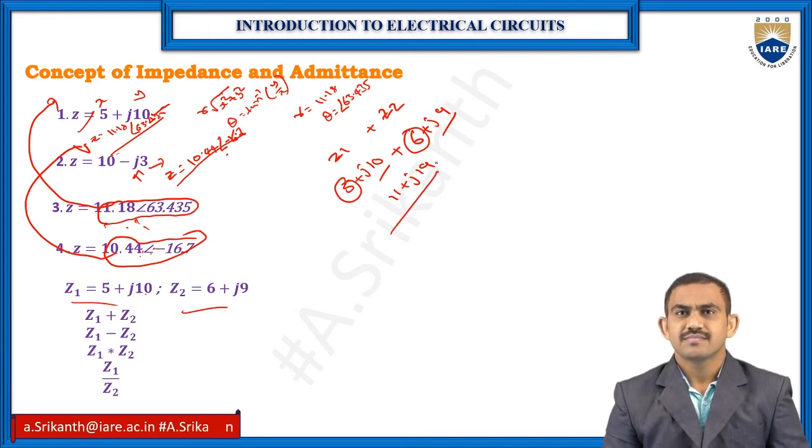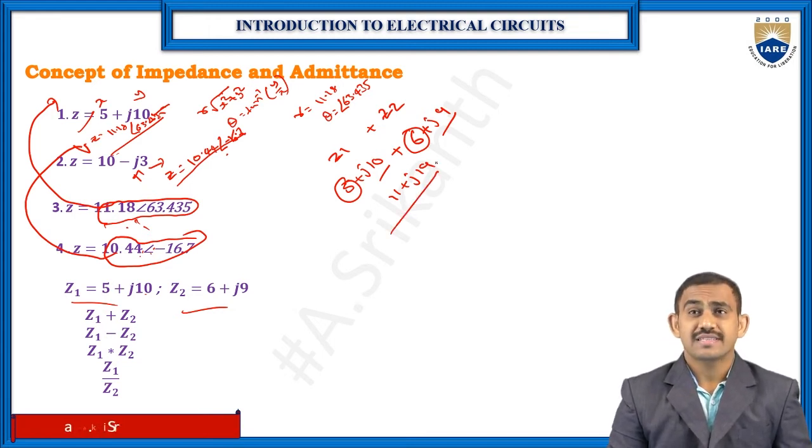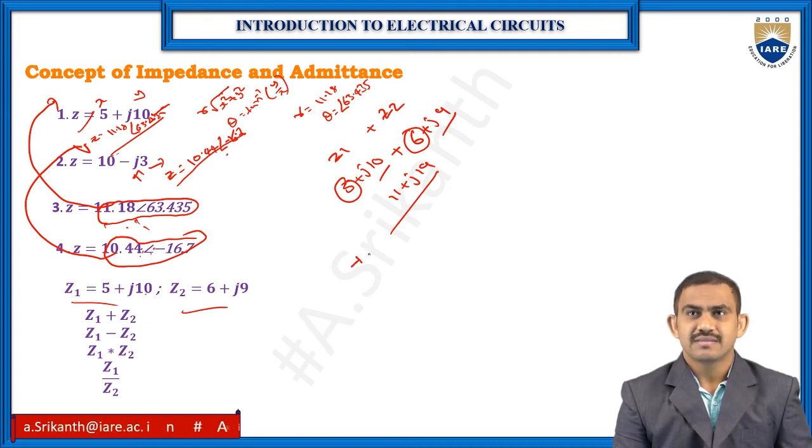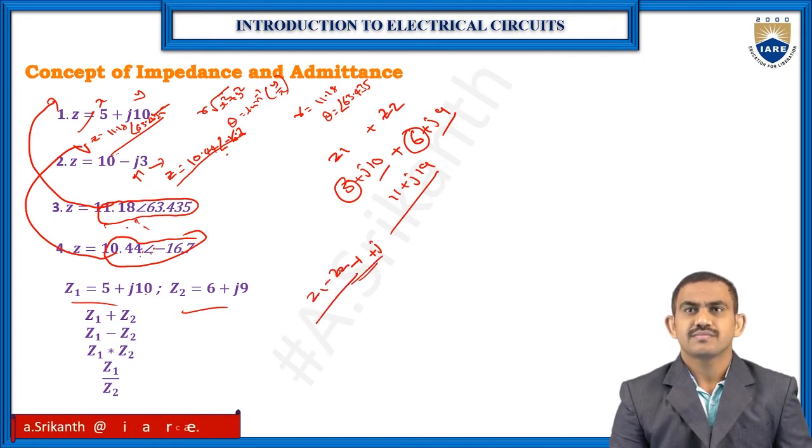Simply we will get that. And subtraction is also the same as this. If we subtract, we'll get minus 1 plus j1, the z1 minus z2 value.